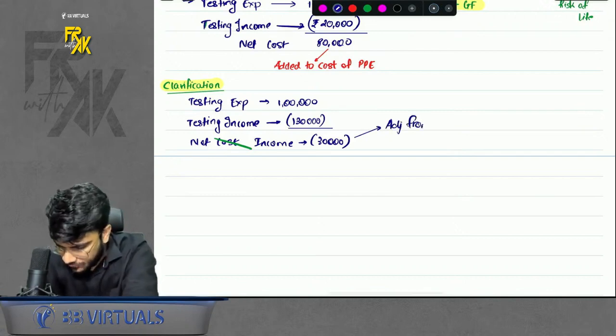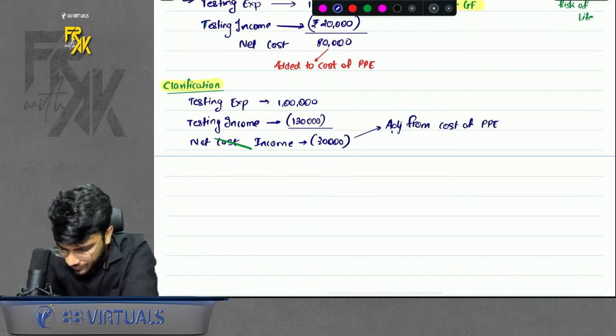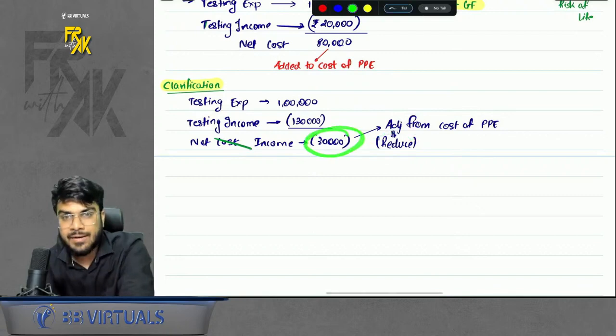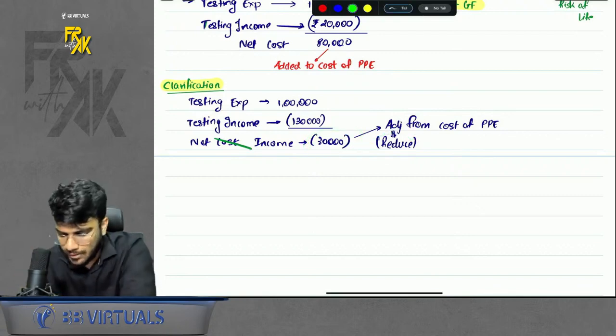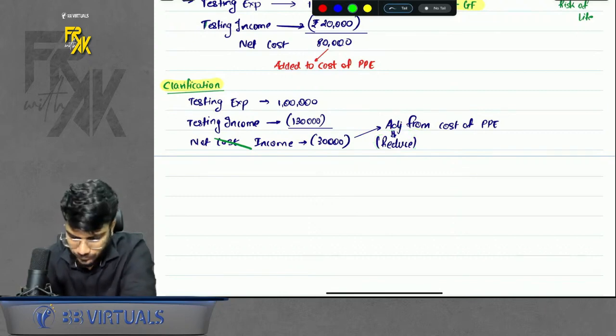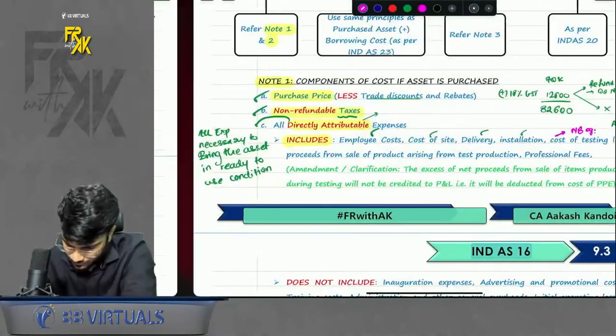You will adjust it against the cost of PPE, and adjustment here means you will reduce the cost. While incurring cost, it is an expense for you, but this generates an extra income for you. So you will reduce it from the cost of the asset. Perfect answer, everyone. Very good. Is this clear? Okay, cool. You can write it down.